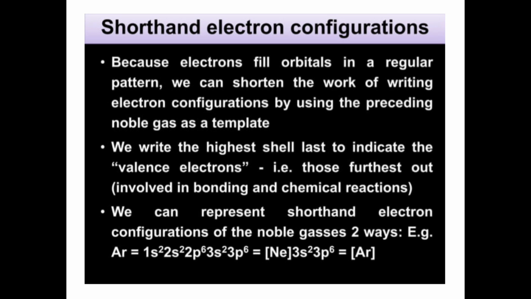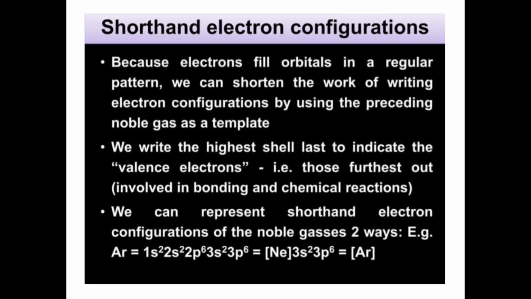For instance, argon itself is atomic number 18. So if you want to shorten it, you can put neon in bracket like we are seeing here. This neon is showing that you have 10 already, so you need 8 more. So neon in bracket 3s2 3p6. If neon is 10, then 2 plus 6 will give you 8, plus this 10 making 18, since argon is 18.